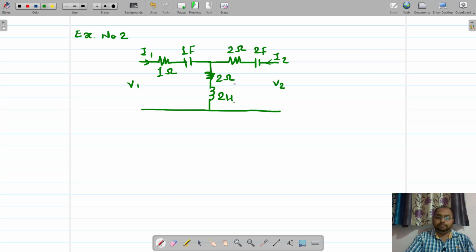Okay, wait a minute. Okay, what is our step number 1? Step number 1 is to replace the capacitors and inductors by S.